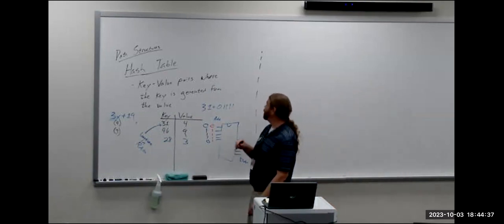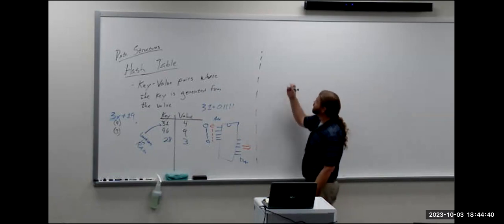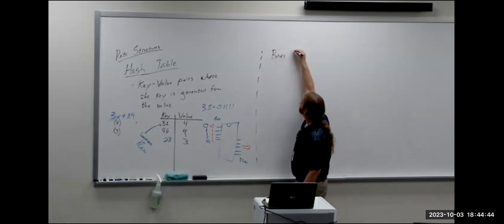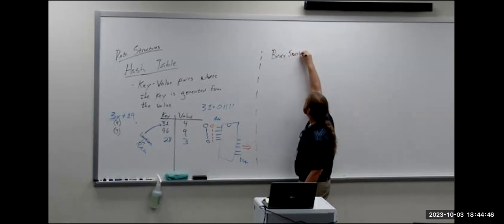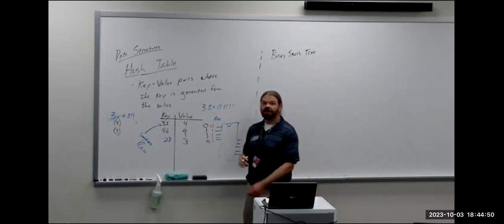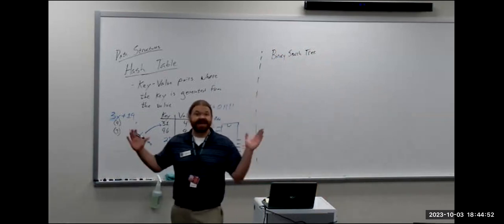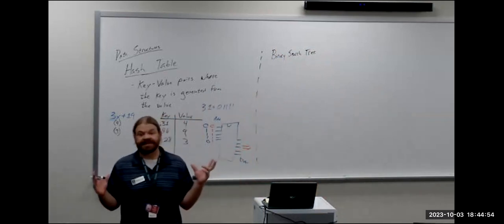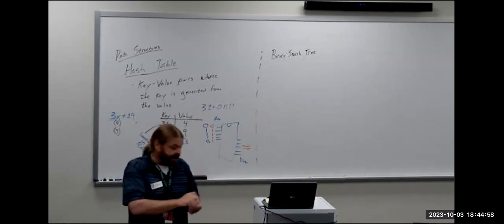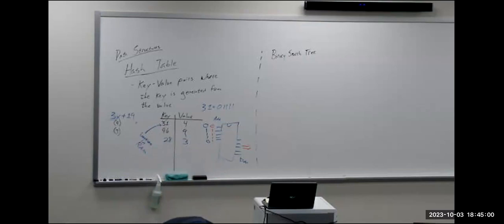So the other big one that is really, really useful, we previewed a little bit last week, we saw the set data type in Java. And you'll remember how that was abstract. We can't instantiate a set.